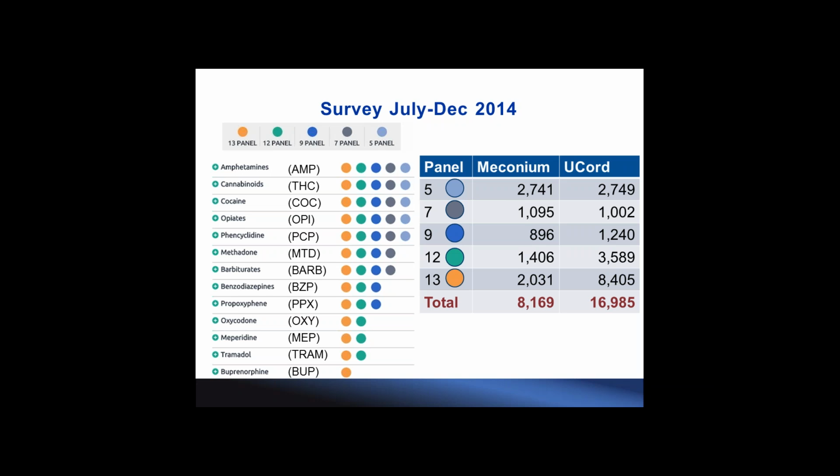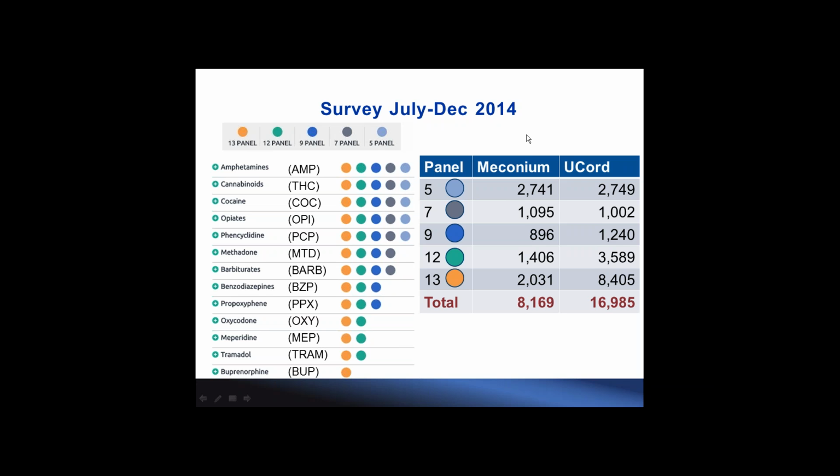I will show you the survey by only the 13 classes of controlled substances that we're good at. This is the test menu from 5 to 13 panel, and the colored dots show us which drug classes we test in each panel. And this is the number of samples we have collected in the 6-month period.